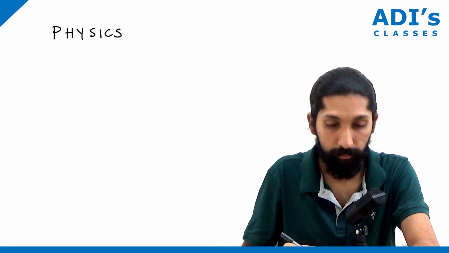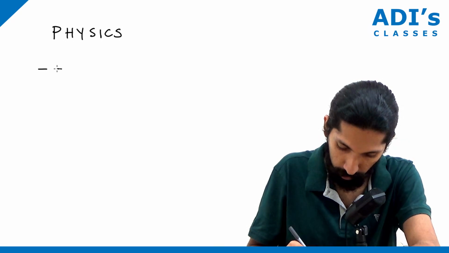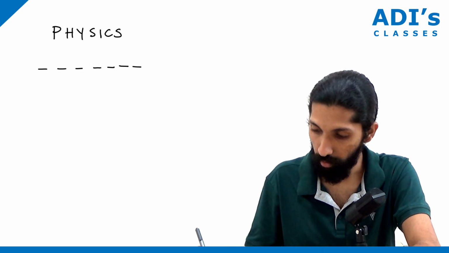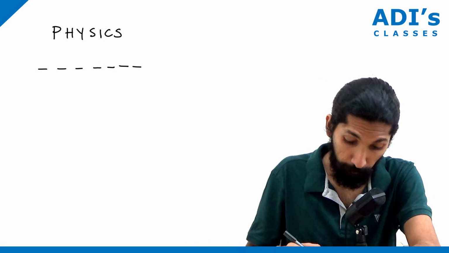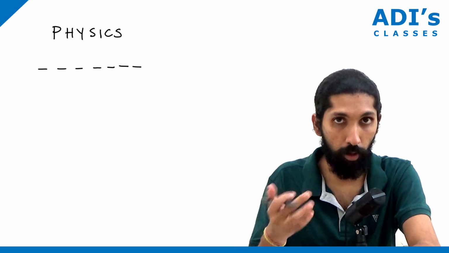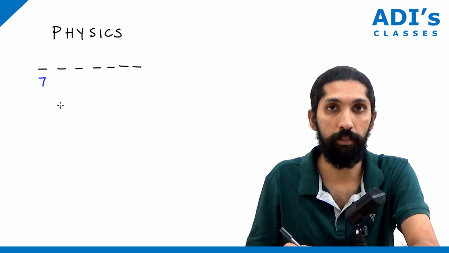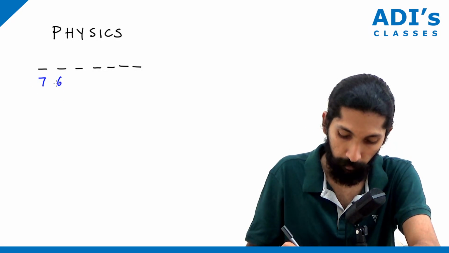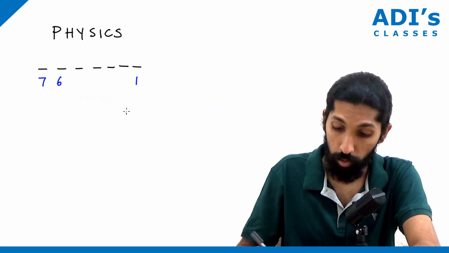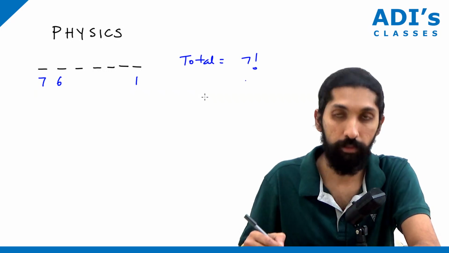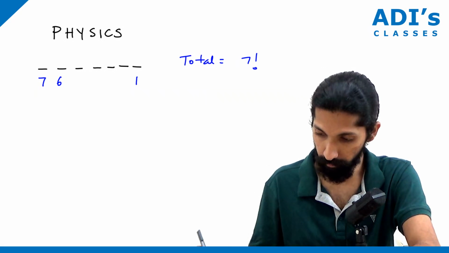There are 7: 1, 2, 3, 4, 5, 6, 7. For the first block we have 7 different possibilities, then 6, 5, 4, 3, 2, 1. So in total, we have 7 factorial.